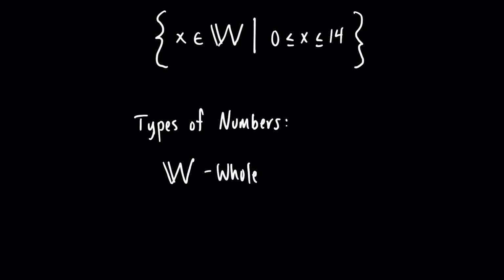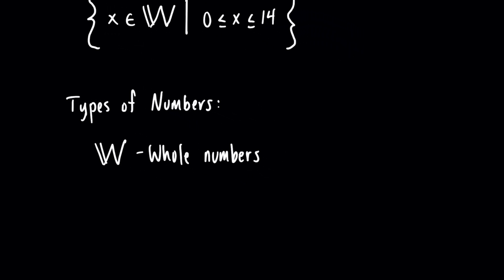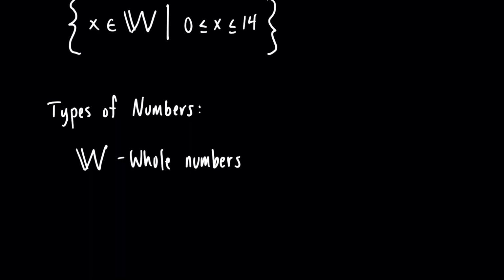We use this symbol with an extra line on the left on the W. There's actually not 100% agreement on the types of numbers, but this is the most conventional that I've seen. The whole numbers are all of the numbers that don't have a fraction in them, that are just whole. We start at 0. So it's 0, 1, 2, 3, 4, 5, on and on forever, up to infinity. Those are the whole numbers.